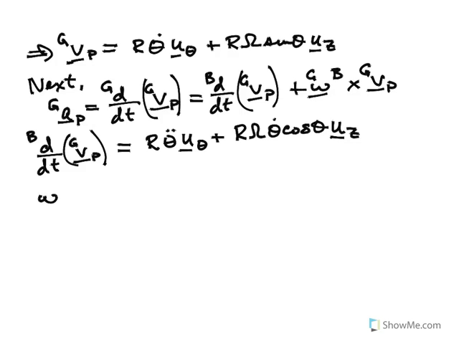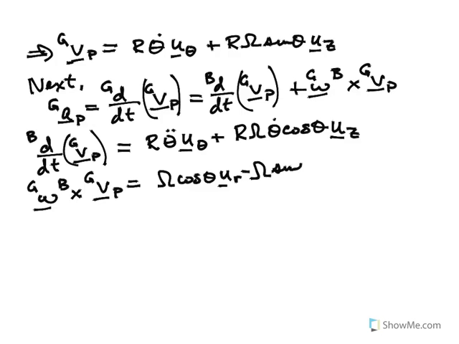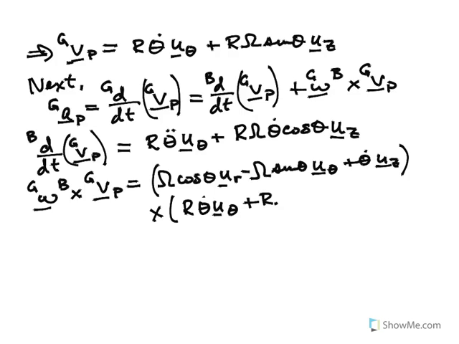And then the angular velocity of B in G crossed with the velocity of P in G is equal to omega cosine theta UR minus omega sine theta U theta plus theta dot times UZ, crossed with r theta dot U theta plus r omega times the sine of theta times UZ.